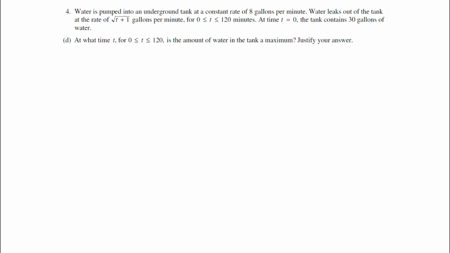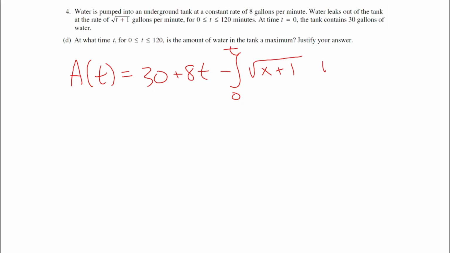In part D, it says, at what time is the amount of water in the tank at a maximum? Well, we already know what the amount of water in the tank is. The amount of water in the tank, A, is equal to the function we just had, 30 plus 8t minus the integral from 0 to t of root x plus 1 dx.